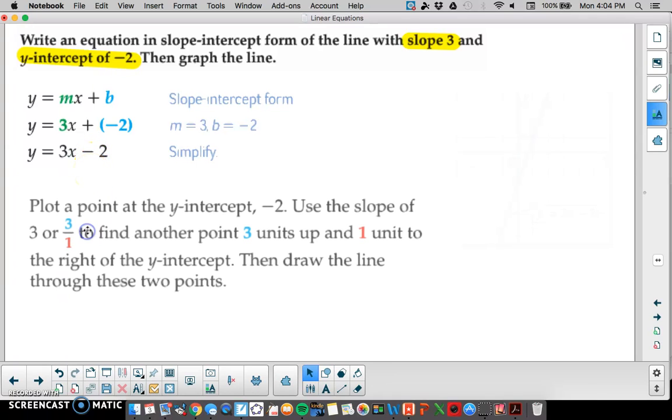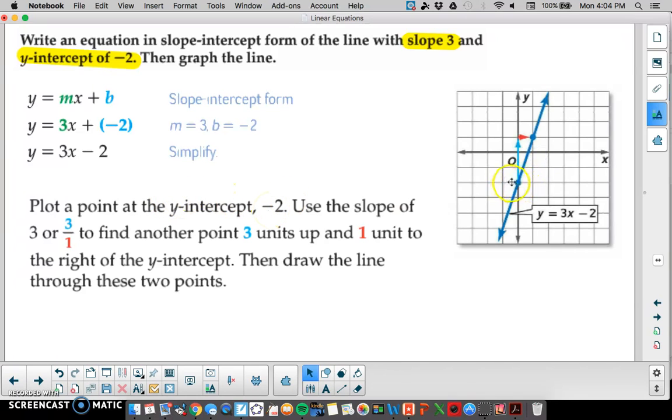To graph that line, we would plot the point at the y-intercept, negative 2, which is the point 0, negative 2. So on the graph right here is 0, negative 2. From that point, we would use the slope to count rise over run. Since our slope is positive 3, that is rising positive 3, running positive 1.